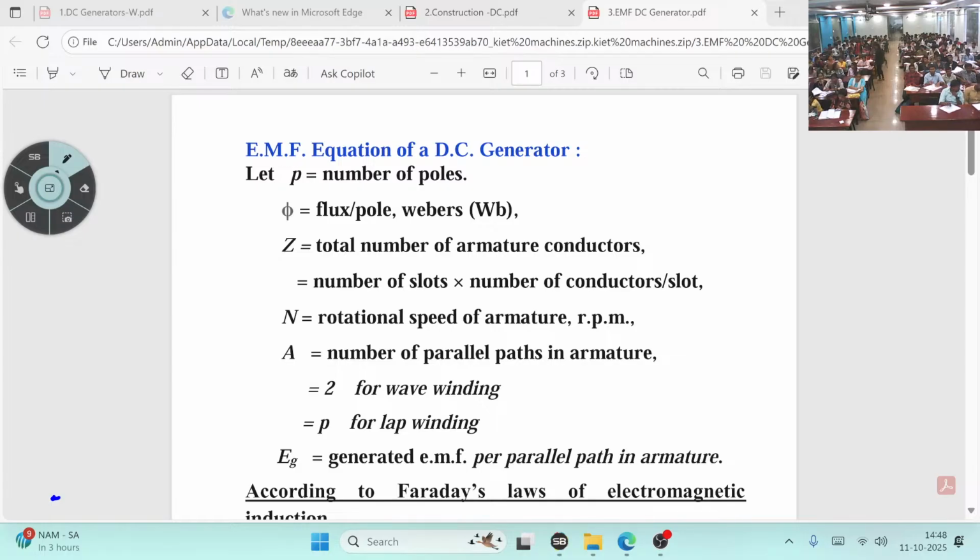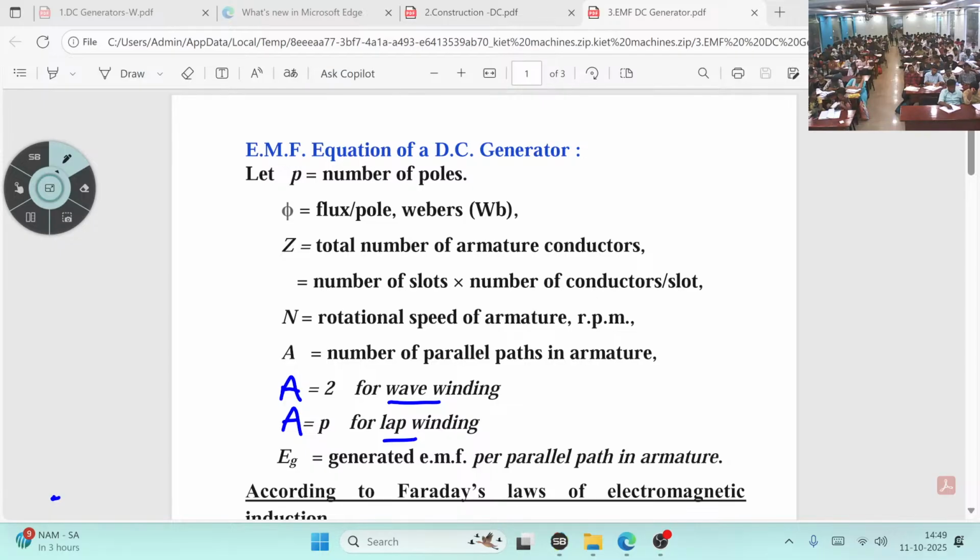The value of A depends upon the type of winding we are using in the armature. The A value will always be 2 for wave winding. For lap winding, the value of A will be P. So if it is wave, A is equal to 2; if it is lap, A is equal to P. You can easily remember this.